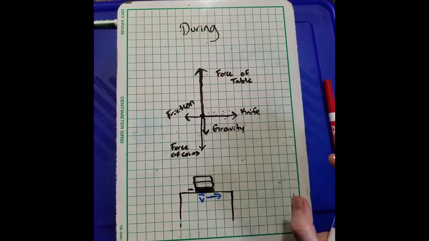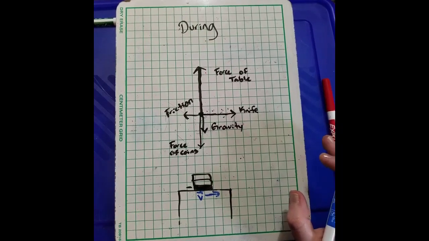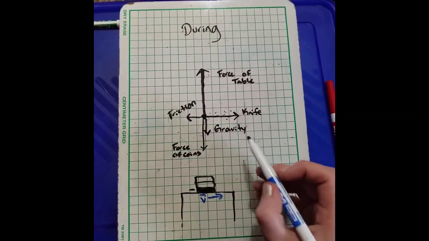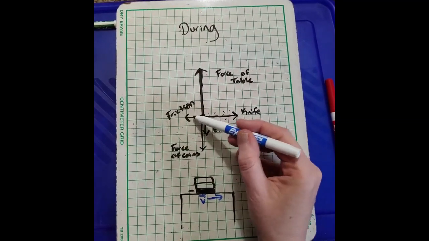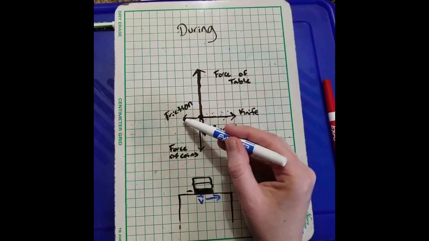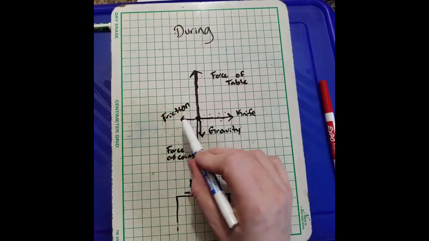Okay, now let's look at the coin while it is being hit by the knife. While it is being hit by the knife, I have a force by the knife going this way, and I have some friction force that is opposing it going this direction. Now these forces are unbalanced.